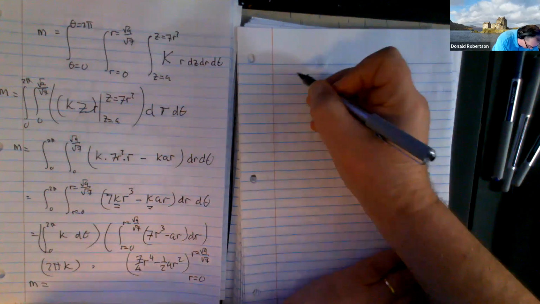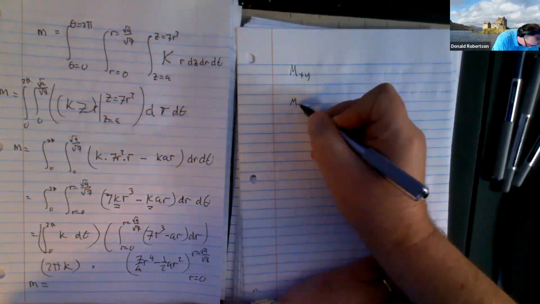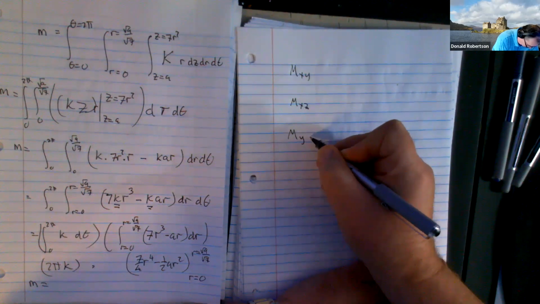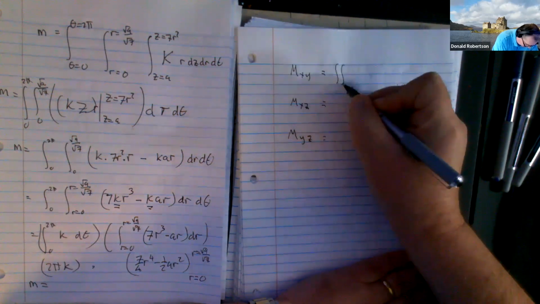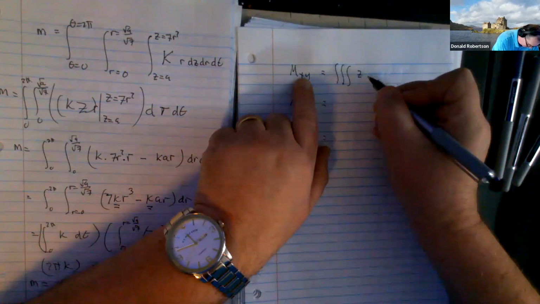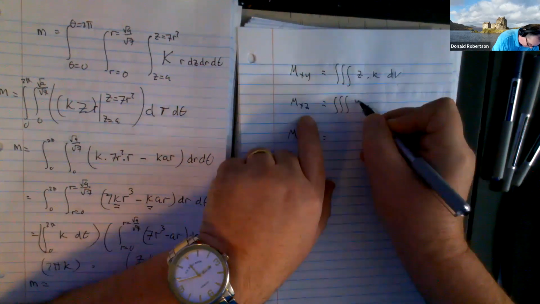Now, you need to find these three guys in any order you like. And this guy's going to be the same triple integral, but with a z in front of it. This is going to be the same triple integral with a y in front of it.